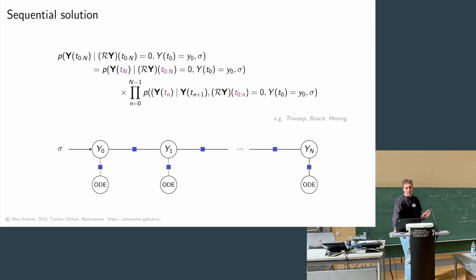So, important bit here is that the first term in our product expansion is the solution at the terminal value. So we have y at t_N, so capital N, constrained by the residual evaluated at all time points. And then we have a lot of backward transitions, which are only conditioned on the previous observation, so we have little n here, plus whatever is left in the future.